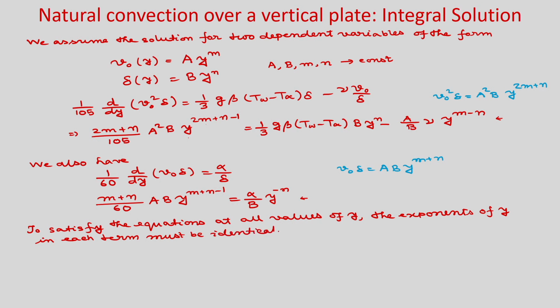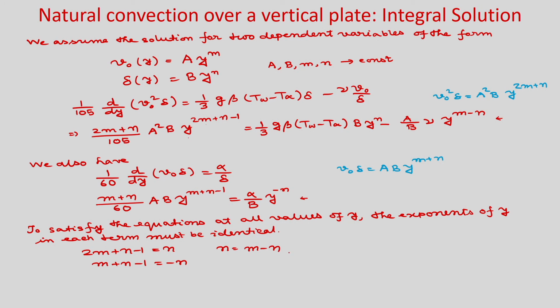Okay. So, if it is so, then you can write twice (m plus n) minus 1 is equal to n, and also you can write n is equal to m minus n, and you can write m plus n minus 1 is equal to minus n. Okay. So, from here you can find, okay.